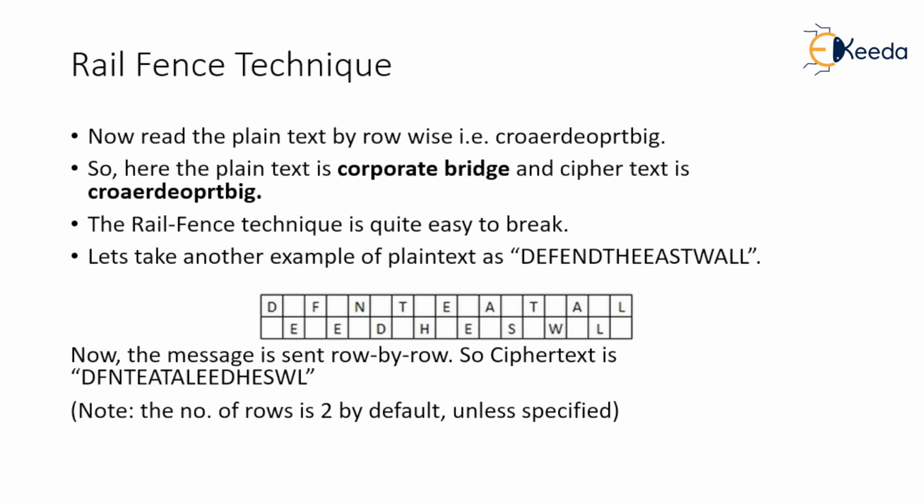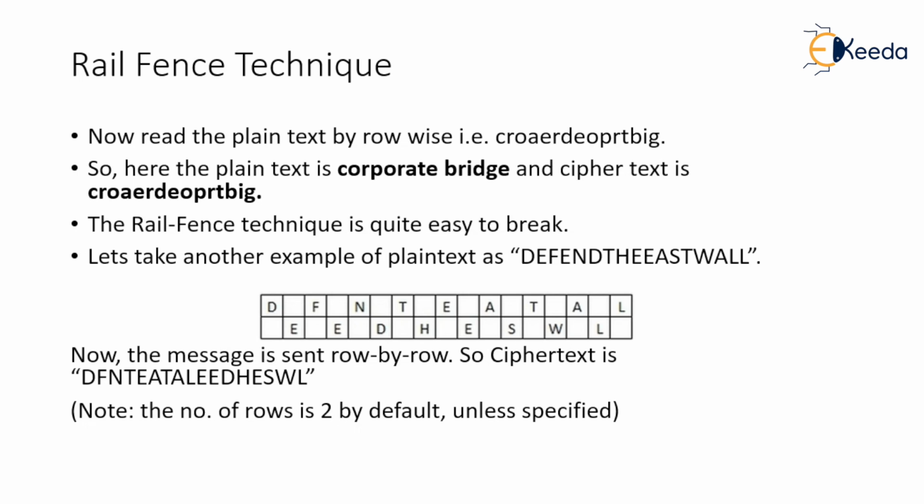Let's take another example: defend the east wall. Here also we have to arrange the alphabets in two rows in the form of diagonals. So D, and then E will be written diagonally downwards from the D, F will be written diagonally upwards from the E, E then will be written diagonally downwards from the F, N diagonally upwards from the E. In this way we arrange the alphabets in the diagonal format.